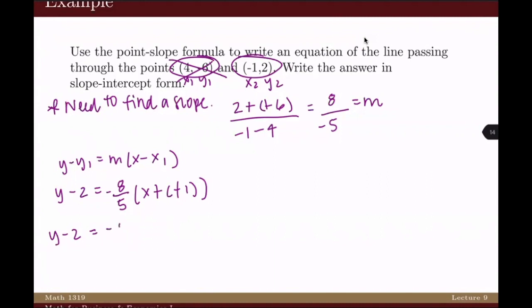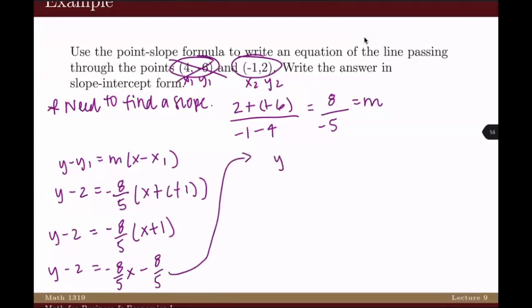So equals negative 8/5 x plus 1 since a minus is plus. So this is going to be y minus 2 equals negative 8/5 x minus 8/5. And then what we'll need to do next is move this 2 over. So plus 2 plus 2.